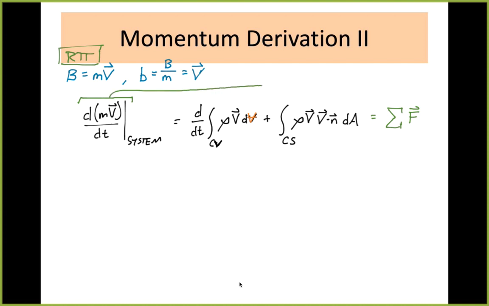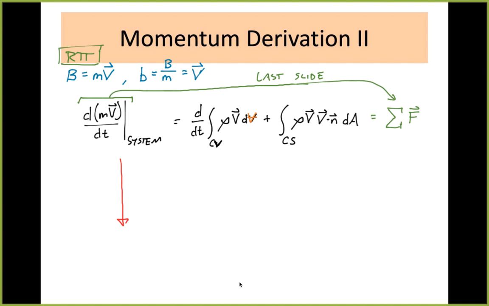So what I just did in green was take everything from the last slide. This chunk on the left is what we defined as momentum from our Newton's second law, right? Okay, so that's the setup, and that's the big, ugly thing.